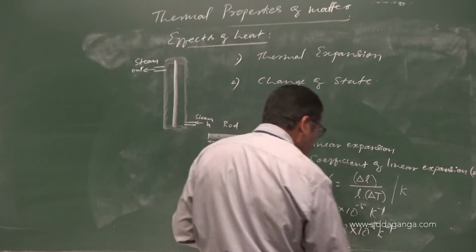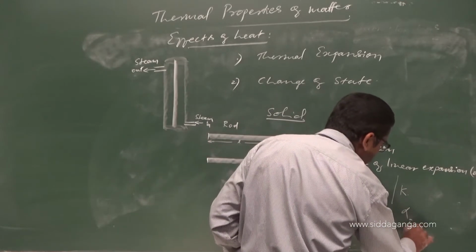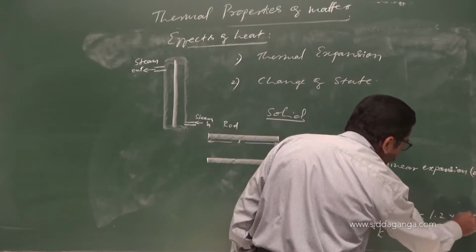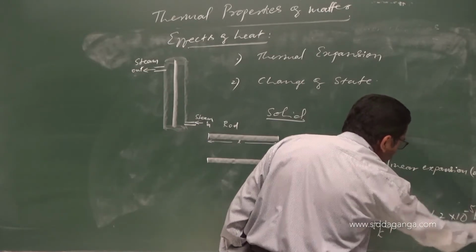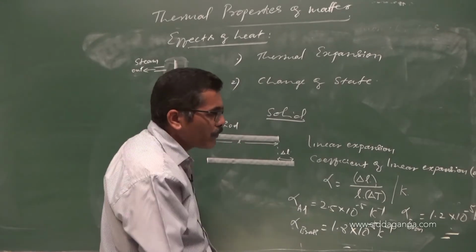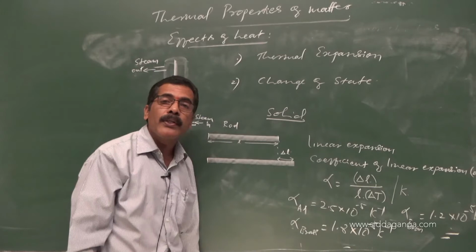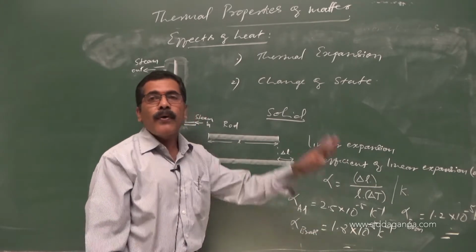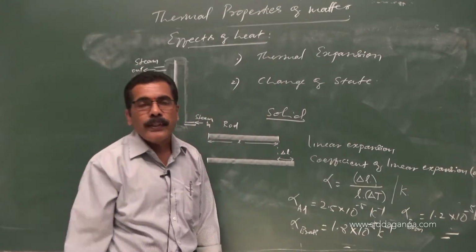If you take iron, alpha of iron is equal to 1.2 into 10 raised to minus 5 per Kelvin. It depends on the nature of the material you have chosen, different for different materials. This is called linear expansion coefficient.